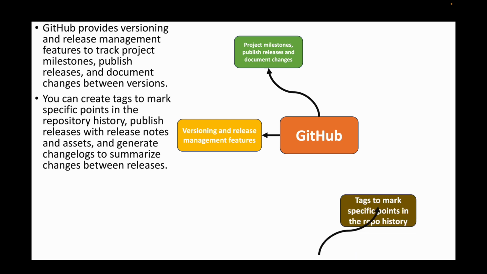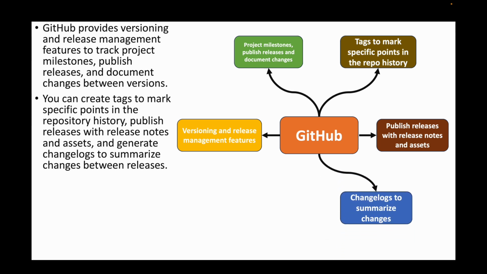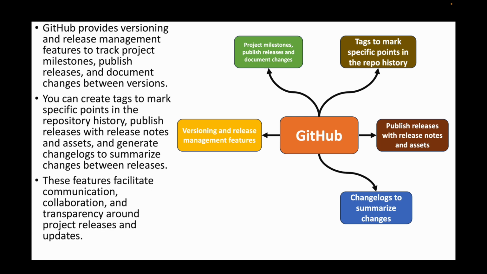We can create tags to mark specific points within the repo history, publish releases with release notes and the various assets of the application, and generate change logs to summarize the changes between the releases.